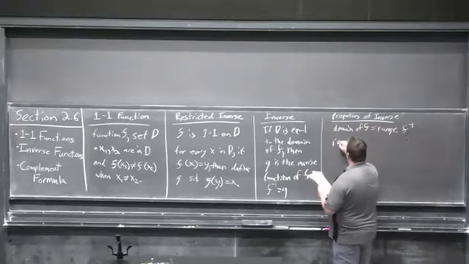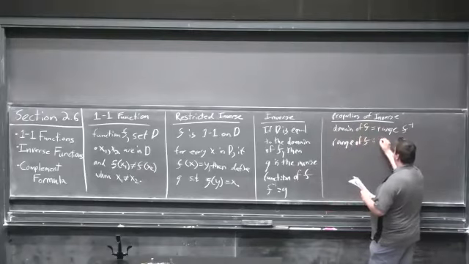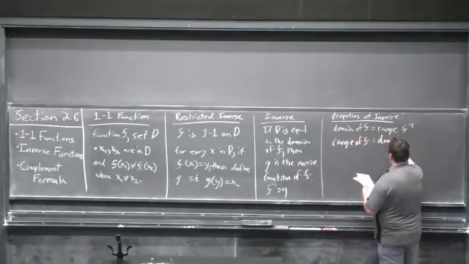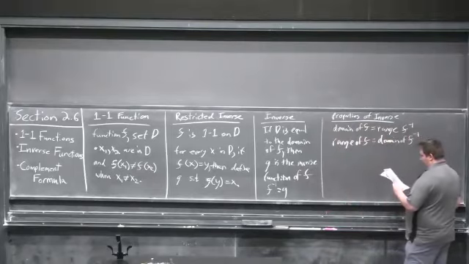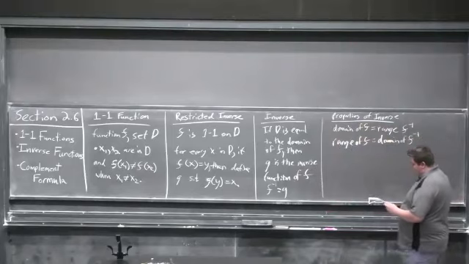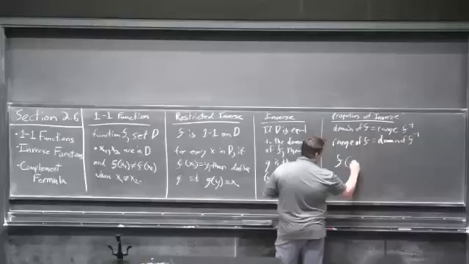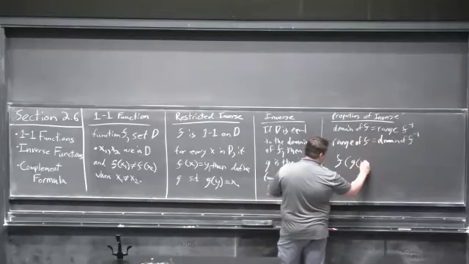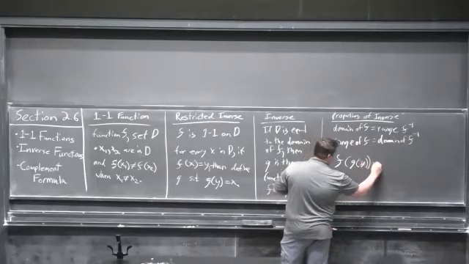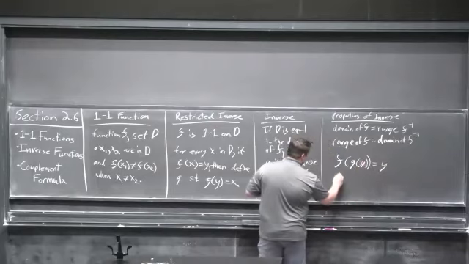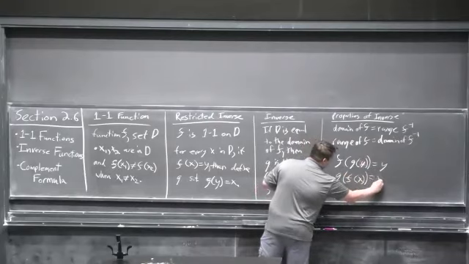The range of f is equal to the domain of f inverse. We will also get that f of g of y is equal to y, and g of f of x is equal to x.